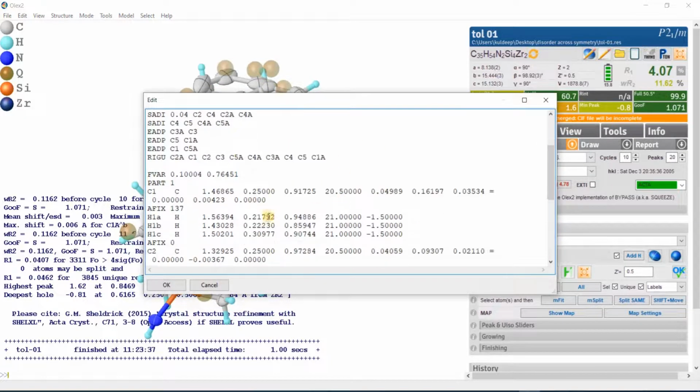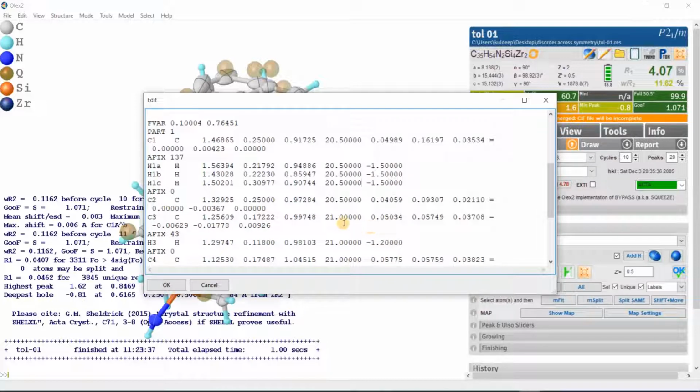So you can see in part 1, C1 is only half occupied, so I should change this to 20.5. Okay, 20.5 and 20.5, and this is only half occupied.